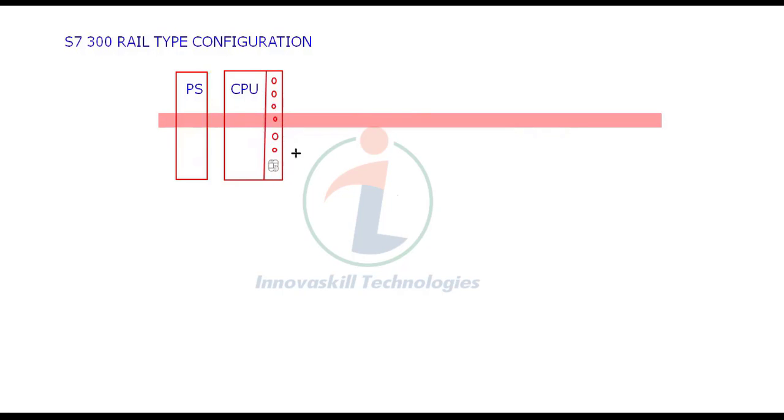If that is sufficient for our process, we can just leave it with power supply and CPU. If you want to increase the number of IOs, after this you will be connecting a module called interfacing module. Without this interfacing module you cannot increase the inputs and outputs.